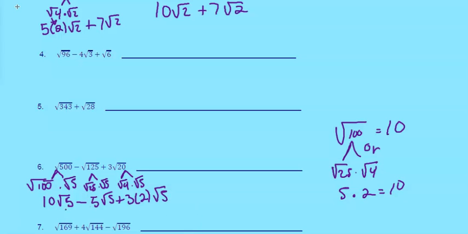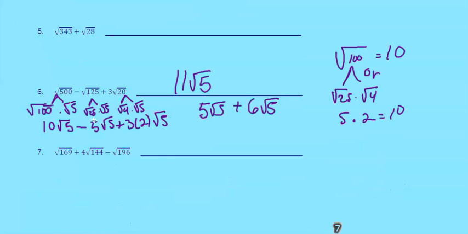So 10 square root 5 minus 5 square root 5 is 5 square root 5. And then 3 times 2 is 6, so we have 6 square root 5. We have the like square roots here of 5, so we can add these together to get 11 square root 5. Let's go ahead and move on to page 8.